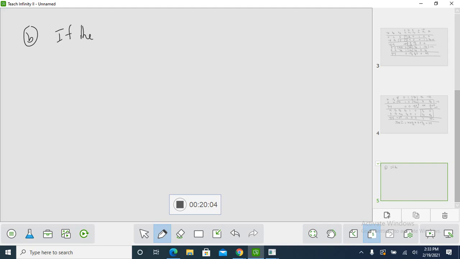The second case, if the requirement vector is changed, what is it changed to? I think it is changed to 7 by 2, 7 and 2. From 5 and 2, you are changing to 7 and 2. Now, from the table, I need my B inverse.